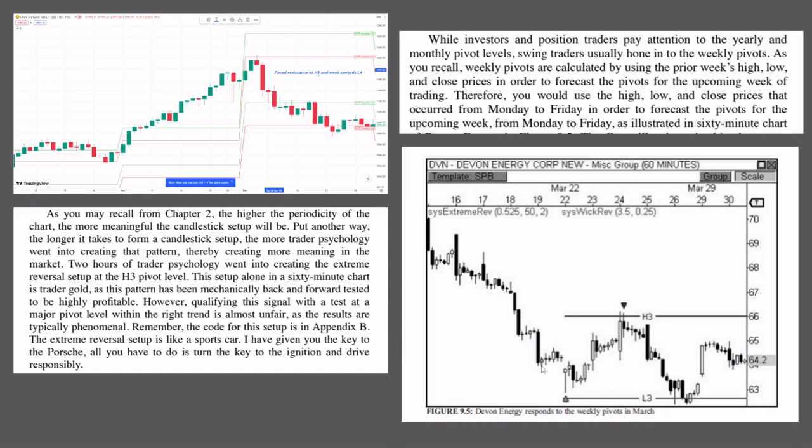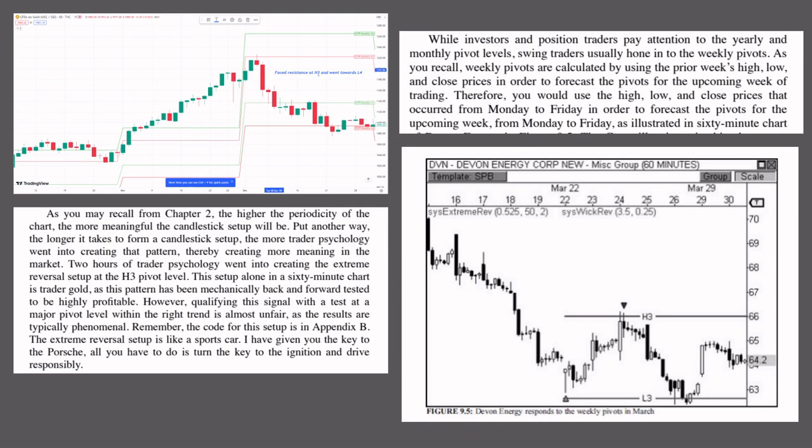So the Camarilla for the coming week will be very wide, meaning the distance between L3 and H3 will be very high. Given the theory of trading range behavior, you will look for price reversals at the Camarilla pivots. Basically, if the previous day the market moved big, then the next day the pivot layer will be widened.